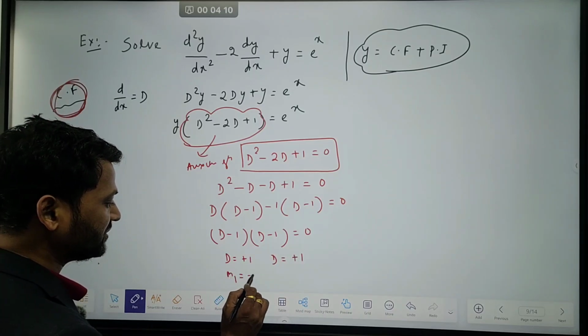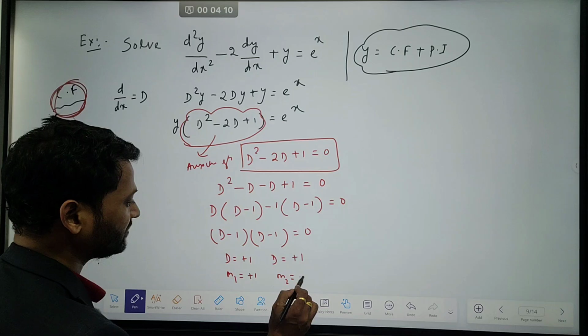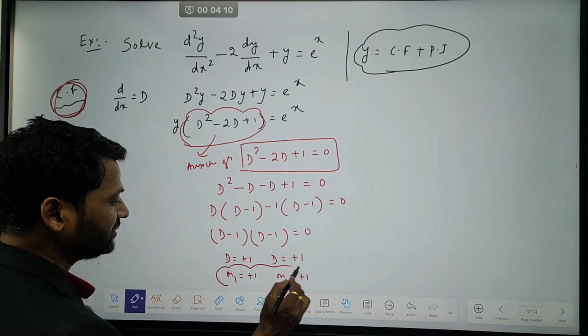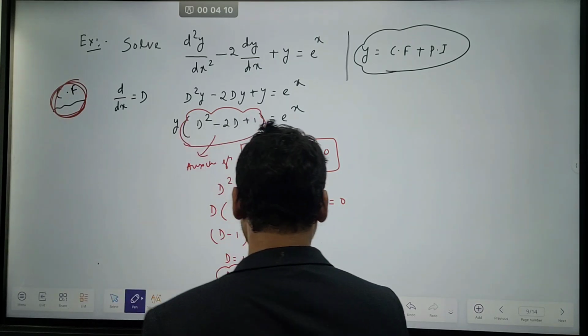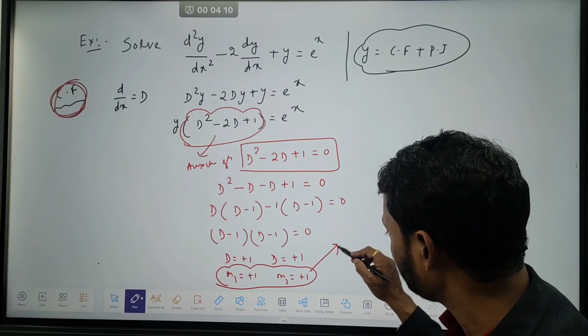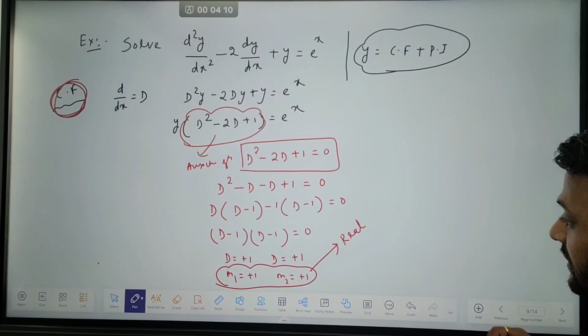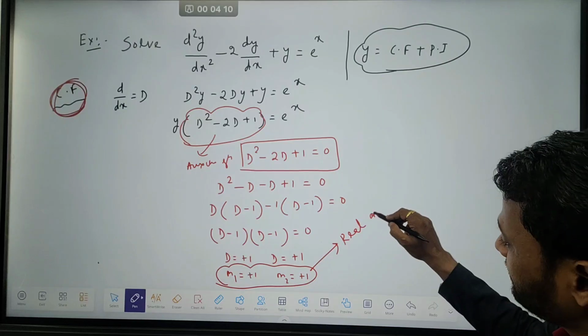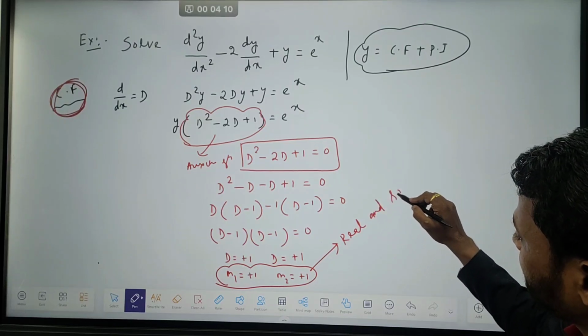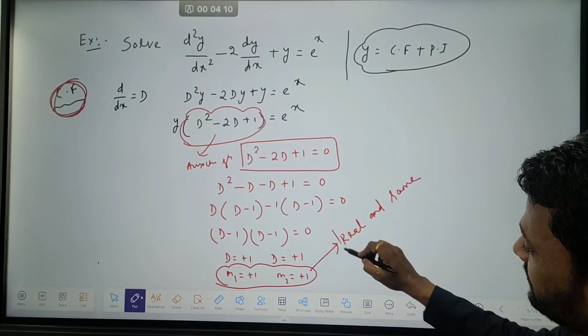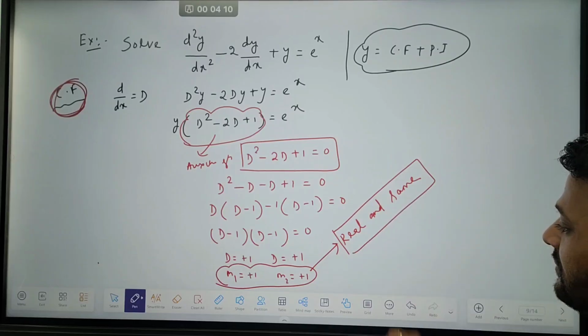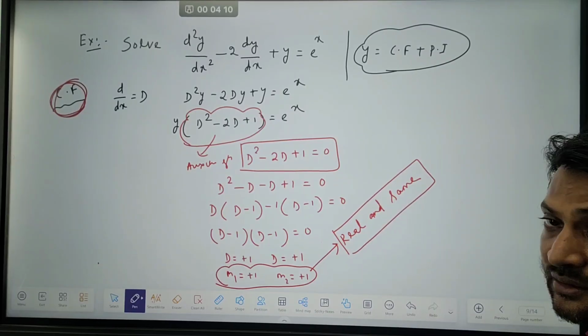That means m1 is plus 1, m2 is plus 1. So the nature of the roots: both the roots are real and same. Understood? Both the roots are real and same.